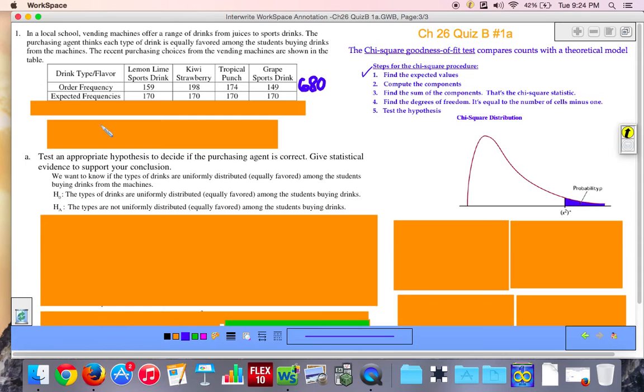For those following along, while I'm talking, you might want to put this information in list 1: 159, 198, 174, 149, and the expected values in list 2.